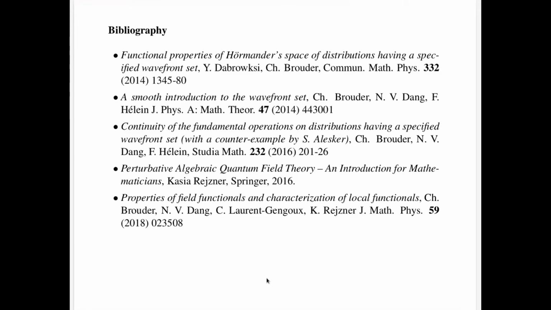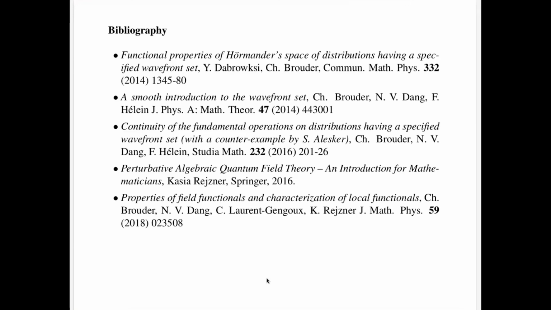My question is, why do you need this space rather than more standard Banach spaces? Why do I need this space? Because as you saw, I need distributions, and I need to define wavefront sets on these distributions. And the space of distributions itself is not a Banach space.